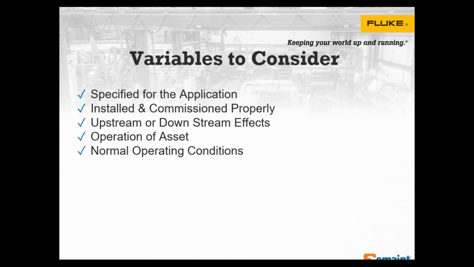Maybe it's a startup condition, maybe it's an upset condition. It could even be shutdown data coming out. It's important to identify what we're going to call normal operating conditions, because ultimately we want an alarm or work order generated when this particular asset exceeds a particular user-defined threshold.